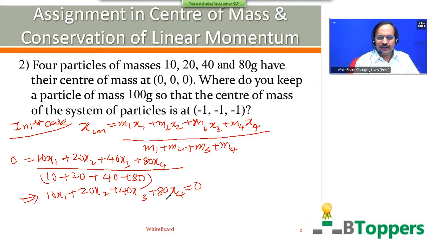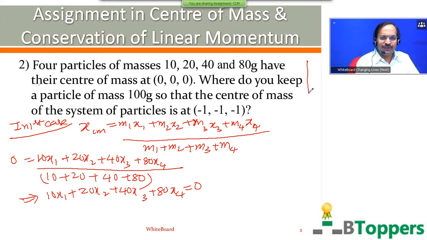Similar equations you get for y and z coordinates also. Similarly, 10y1 plus 20y2 plus 40y3 plus 80y4 is 0, because in the first case the y coordinate of center of mass is also 0. The same way, the z coordinate of center of mass is also 0. That means 10z1 plus 20z2 plus 40z3 plus 80z4 will be 0.